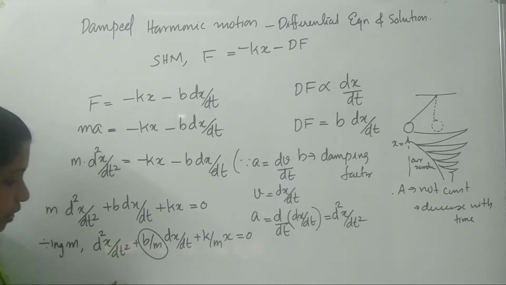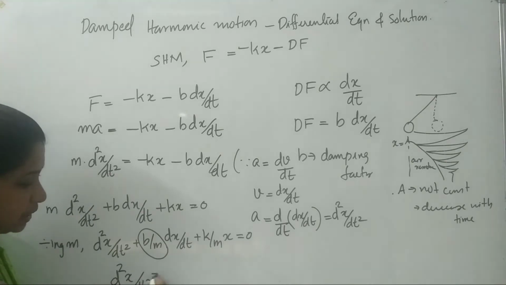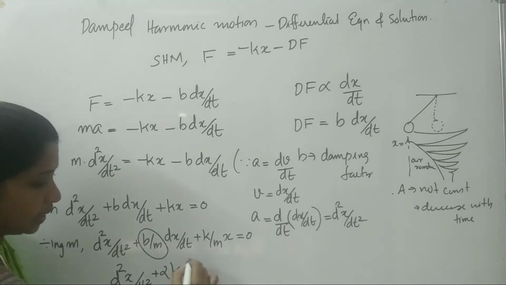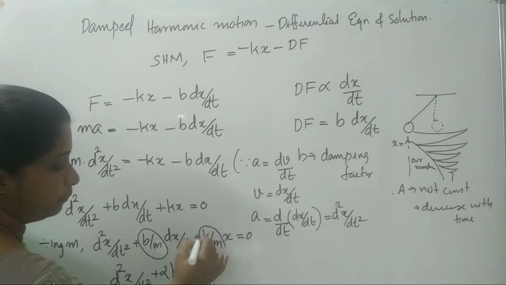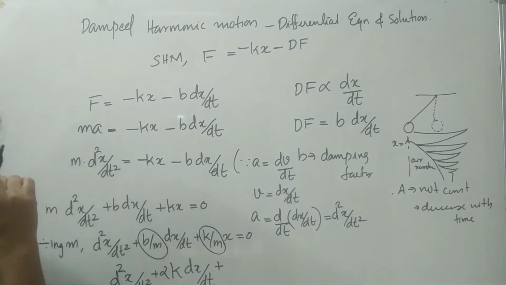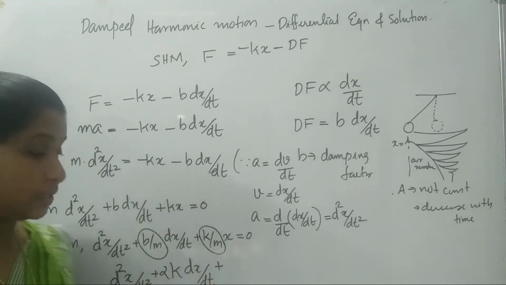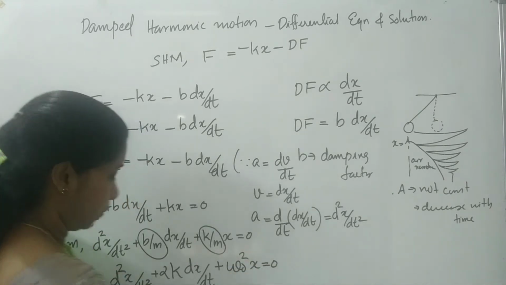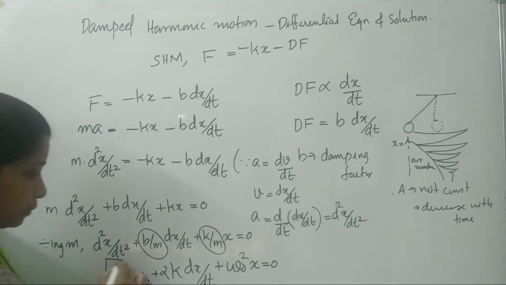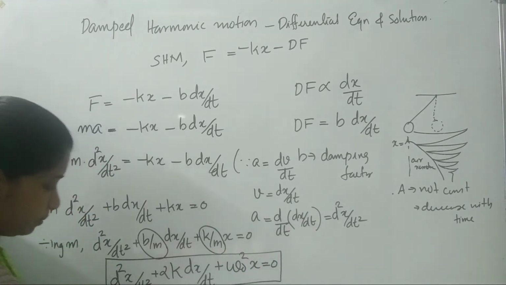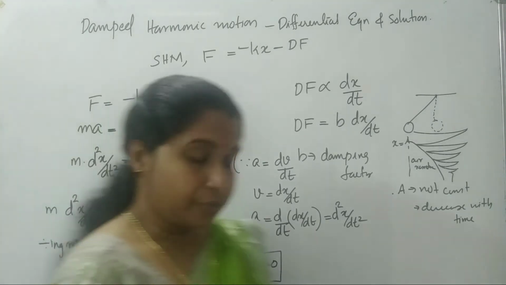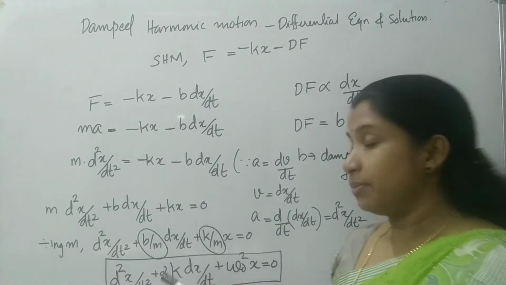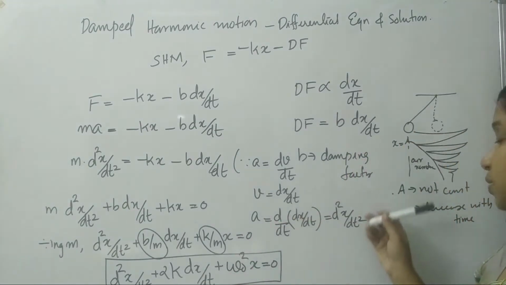It is a constant. So we can rewrite the equation as d square x by dt square plus 2k into dx by dt plus omega 0 square x equal to 0, where omega 0 square is k by m, k is the spring constant and m is the mass suspended. So this is the differential equation of damped harmonic motion. From this equation we can reduce these two conditions.